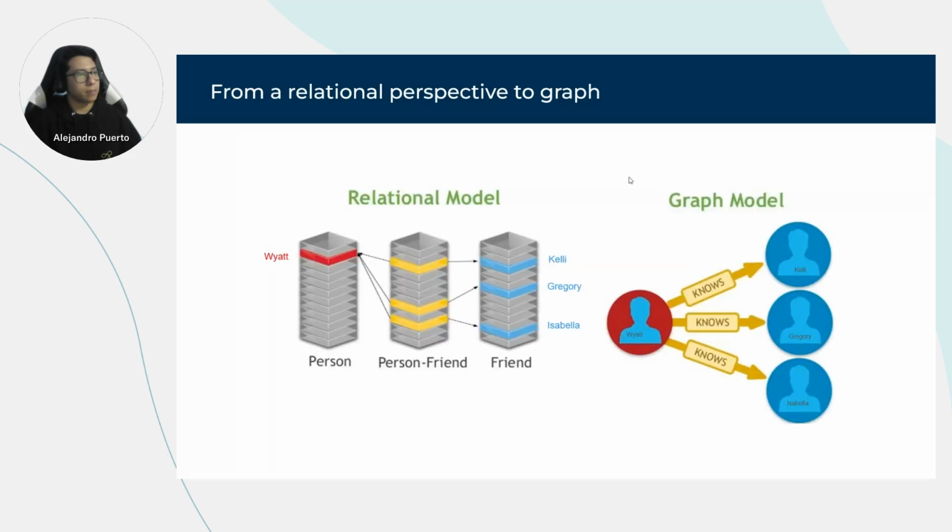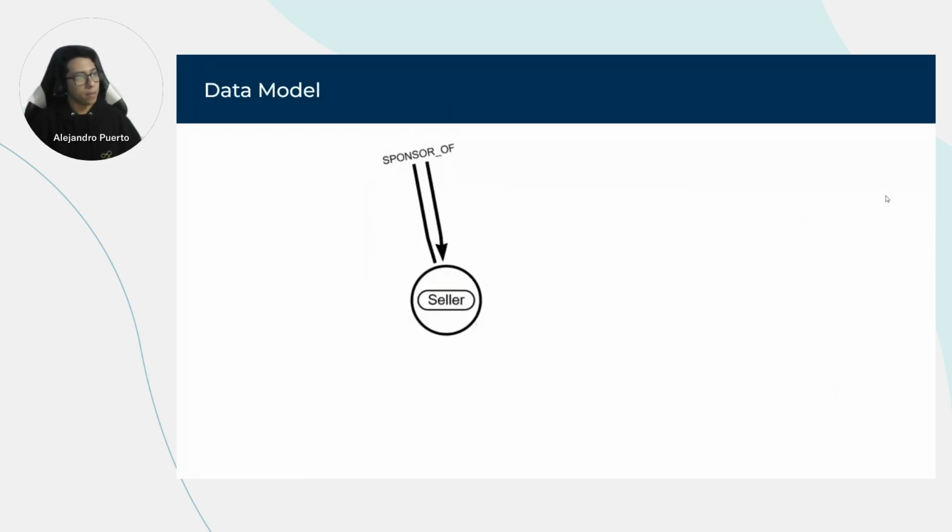We need to pass from this relational model to a graph model, and many companies are struggling with these very first steps of the implementation of Neo4j. So how to build this model? First, we create some questions that will help us to solve the problems that we have in the company.